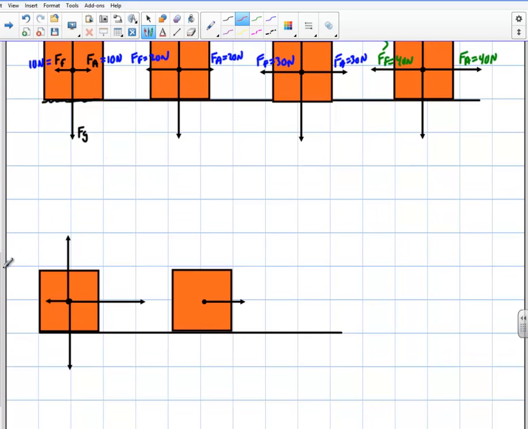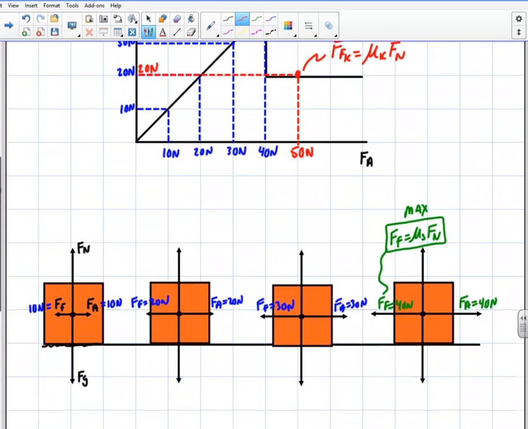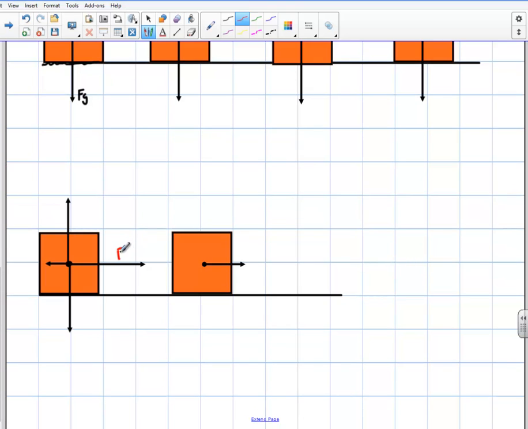So let's just say that I had 50 newtons here, force applied 50. And now my force of friction is only capable of putting back 20 newtons like that, right? So now I've got a whole new situation going on here. Now I have a net force. It's completely different now.